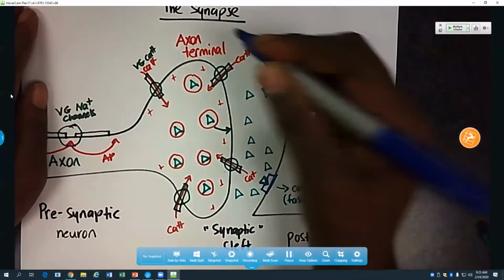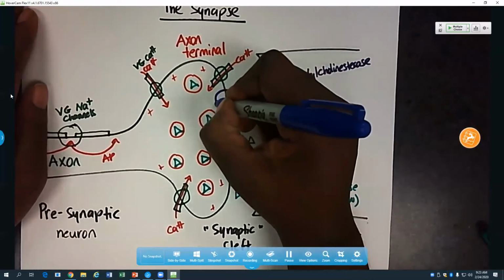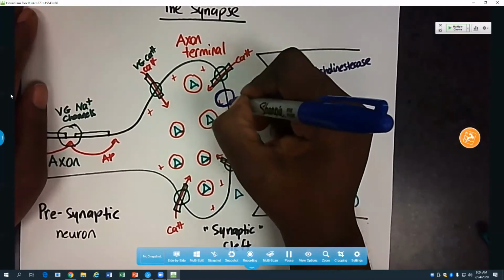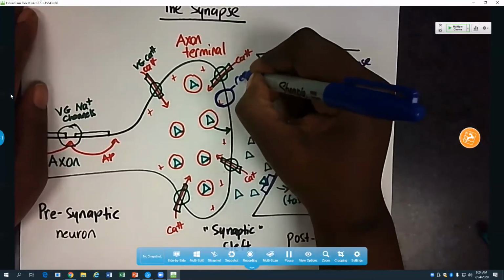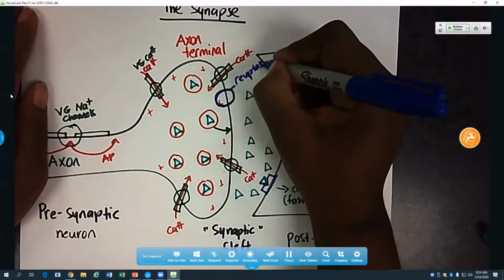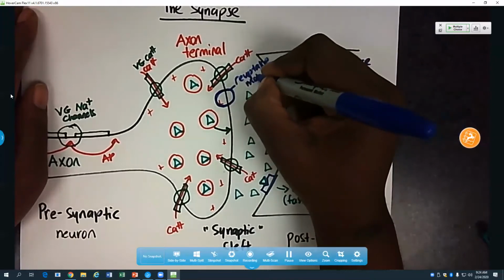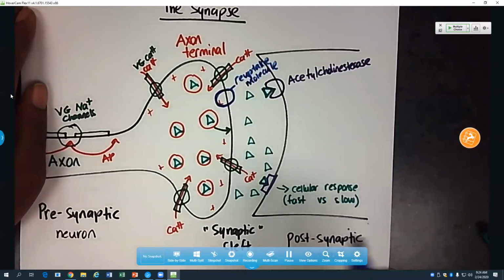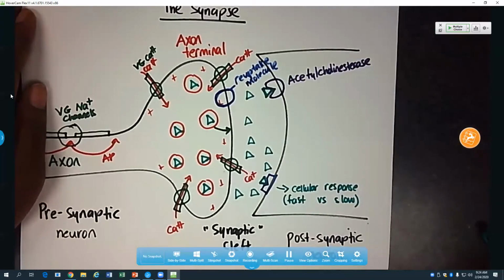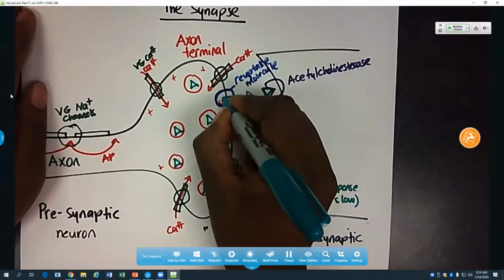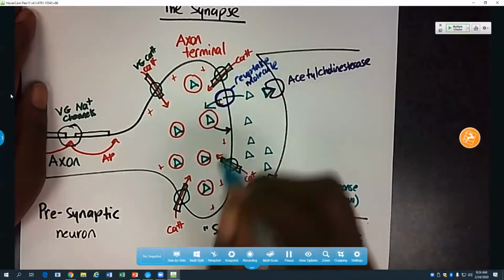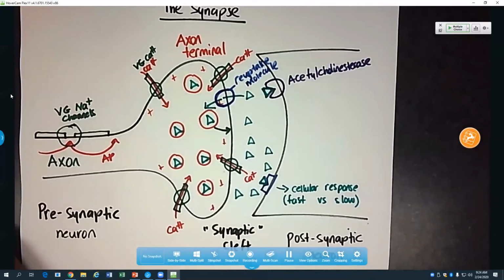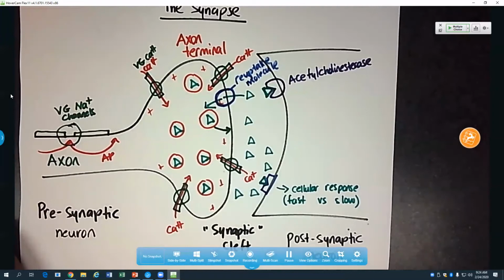So we've got a third structure, this reuptake molecule, that is taking this neurotransmitter, breaking it up, and recycling it back into the previous cell, back into the axon terminal.